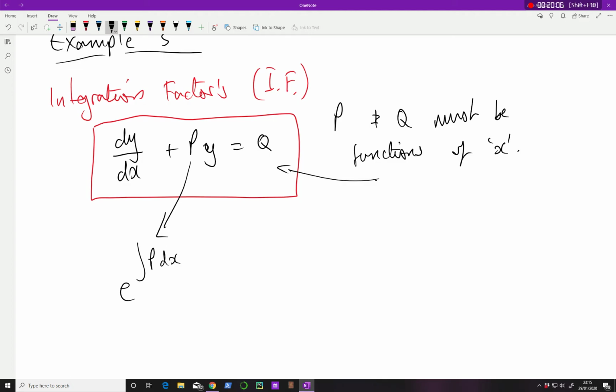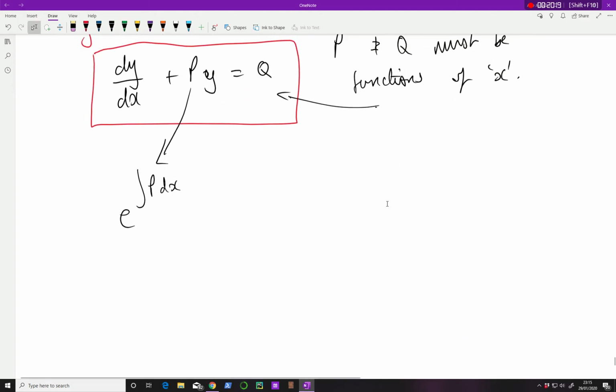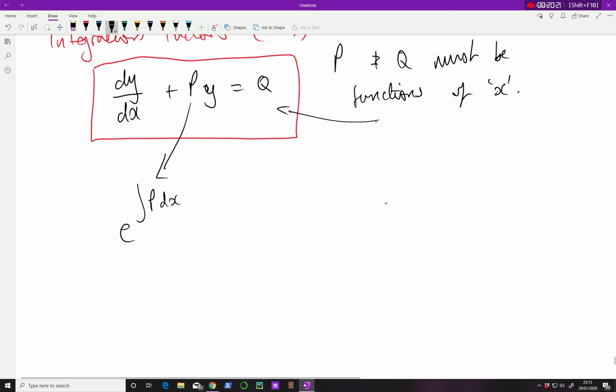Half the time, the integration of p will be a natural logarithm, so that the exponential can cancel out the natural logarithm, and then you would multiply everything by this whole thing here once you've integrated it.